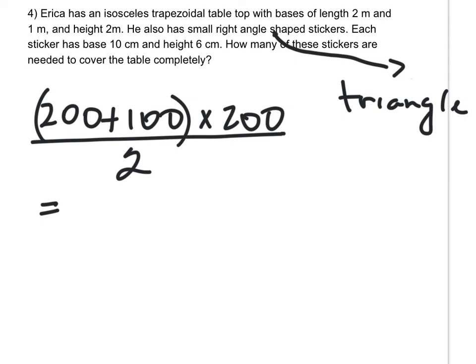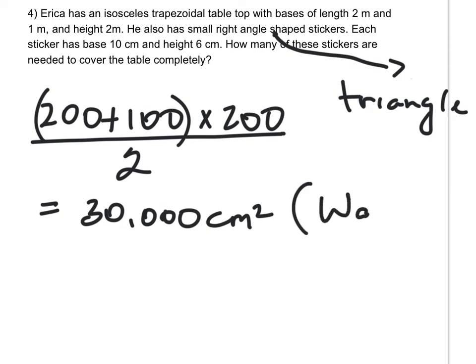You have 200 plus 100 is 300. 300 times 200 is 60,000. Okay, divided by 2 is 30,000. So we have 30,000 centimeters squared is the area of the tabletop. Okay, now let's look at the area of each sticker.